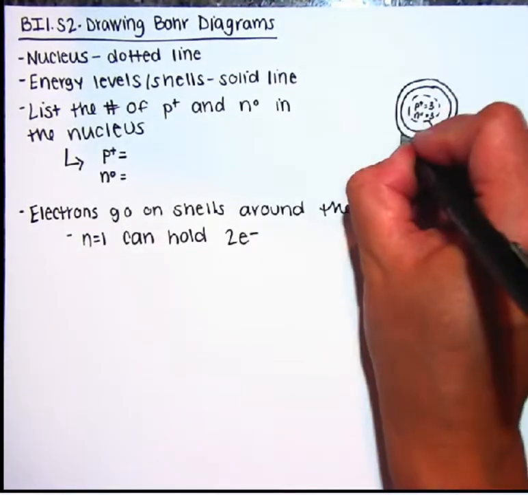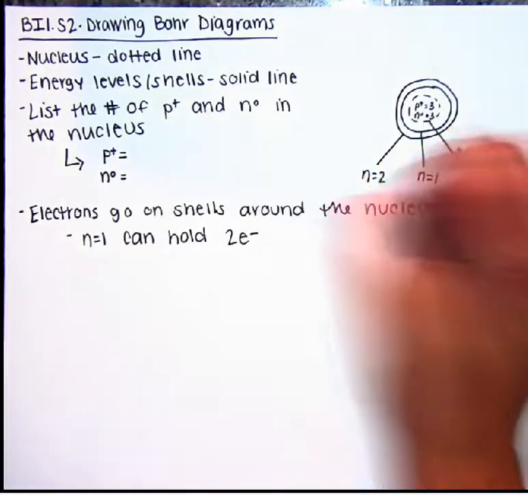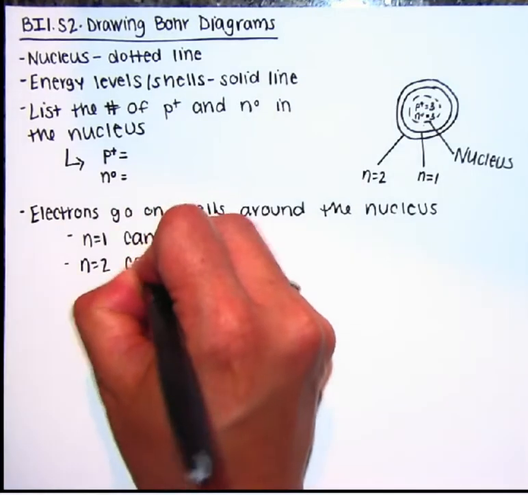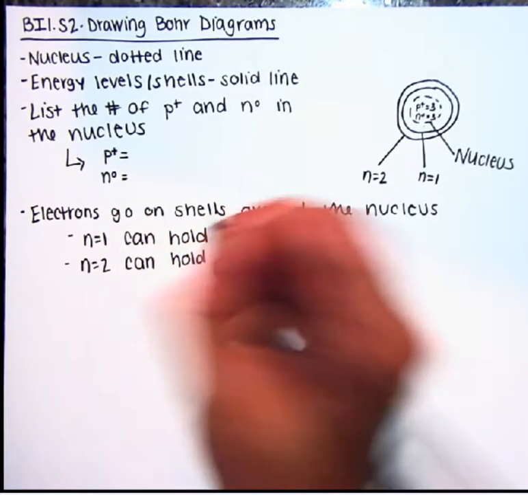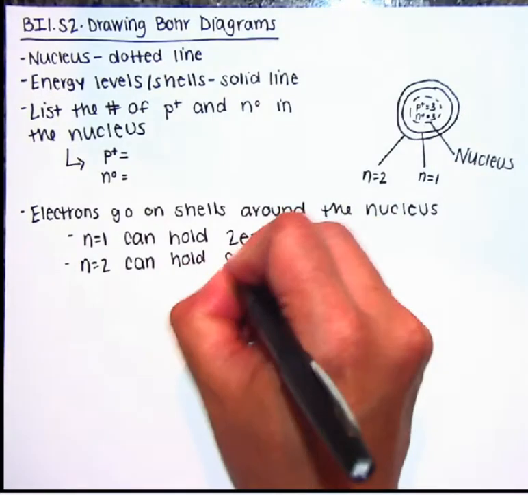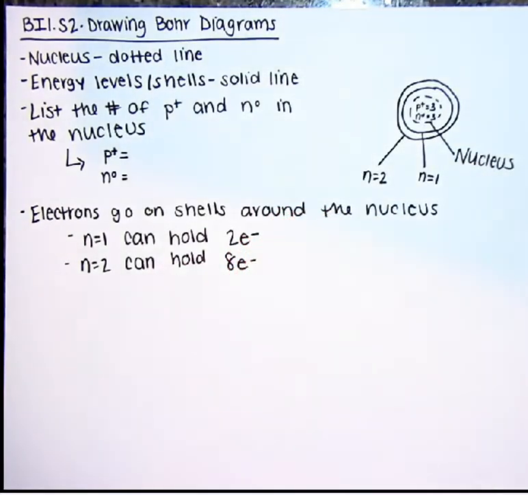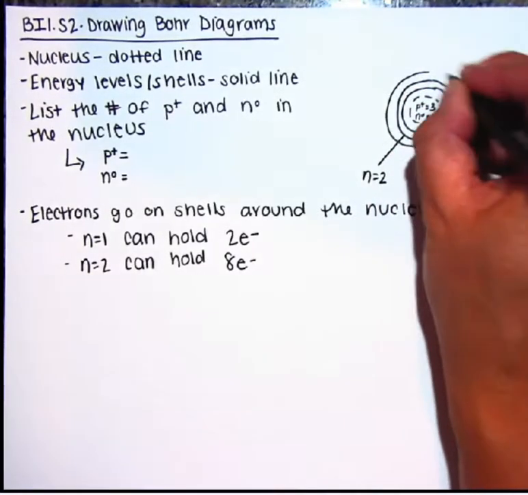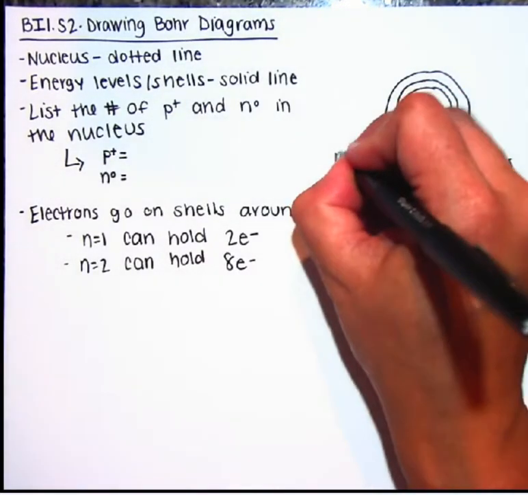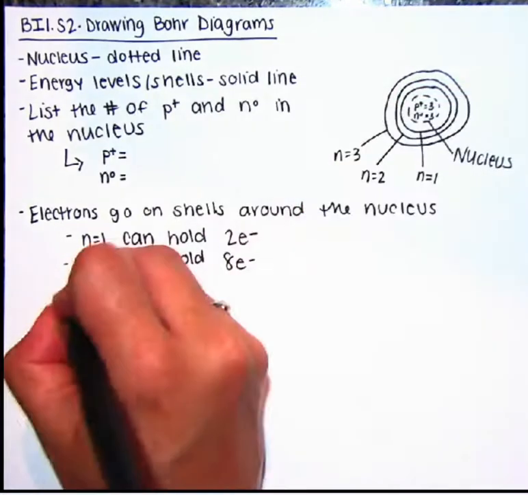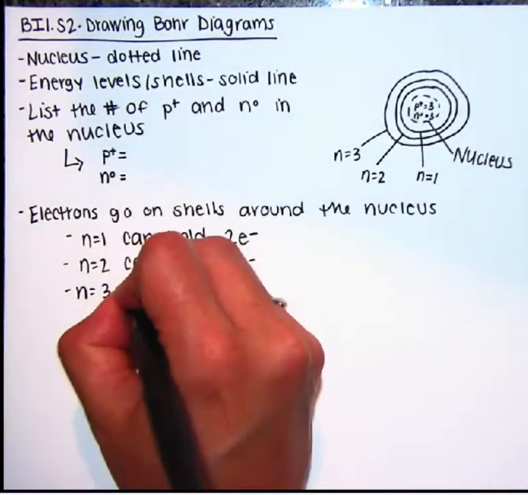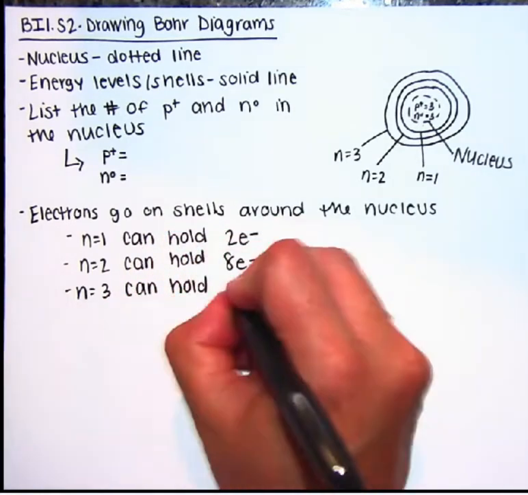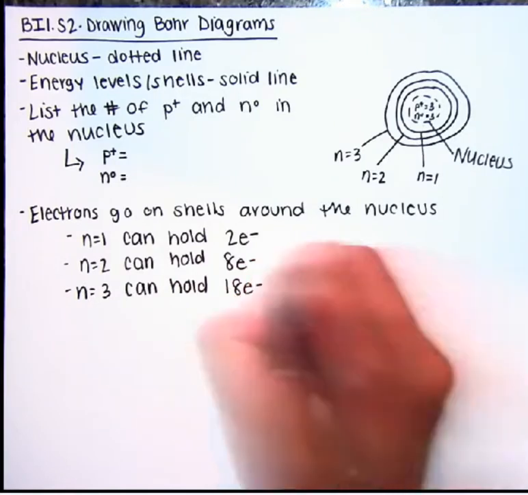The next energy level, we would call this n equals 2. The second energy level can hold 8 electrons. The third energy level, this would be the third ring away from the nucleus, n equals 3, can hold 18 electrons.